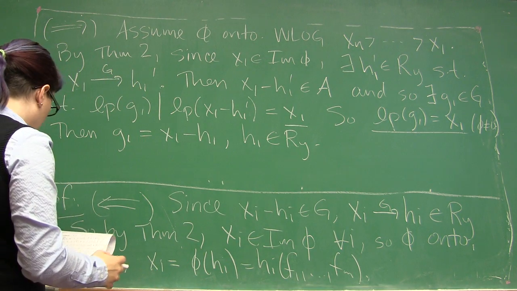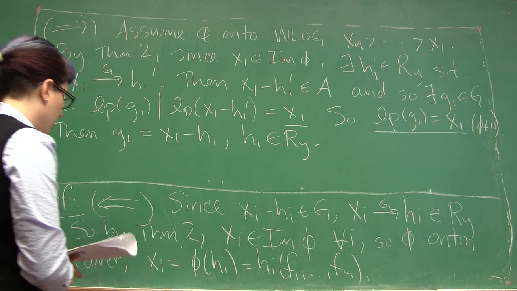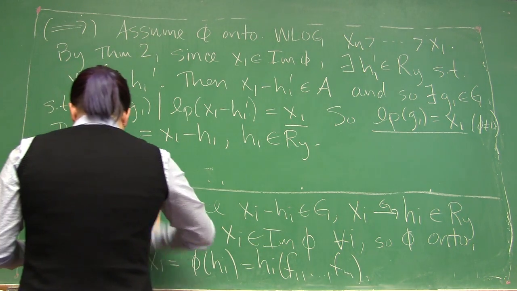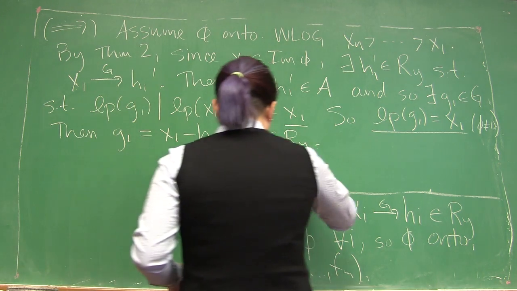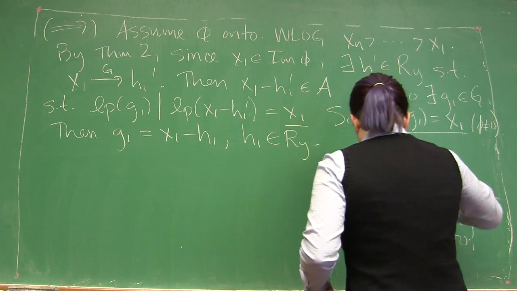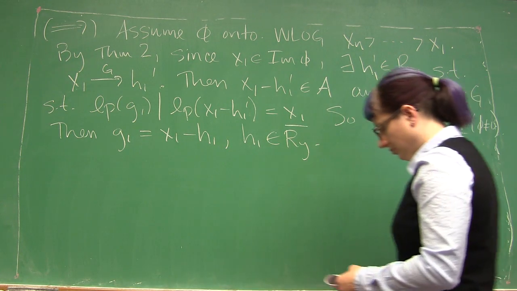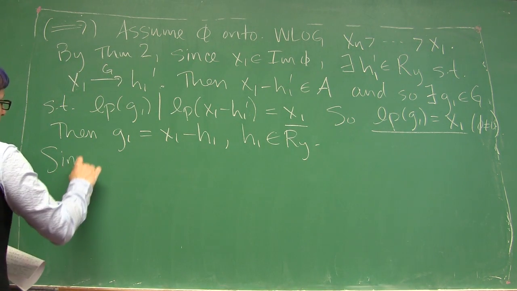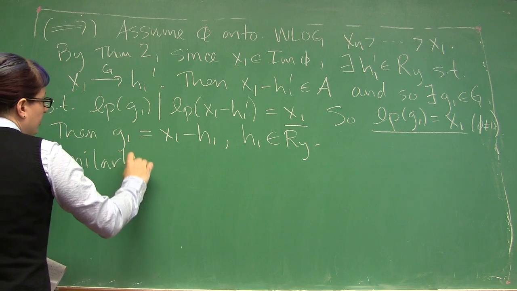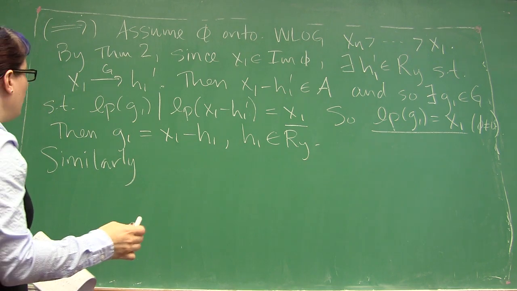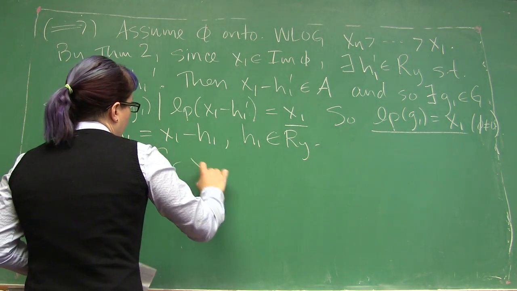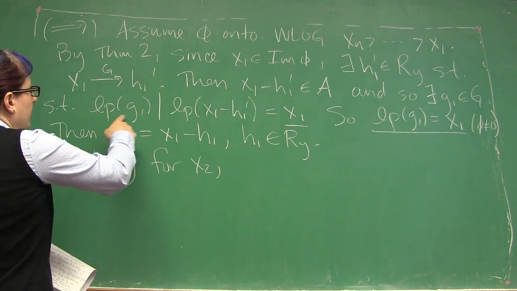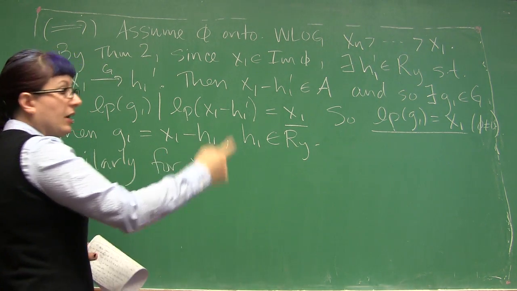Okay. So we can do something similar for g2, and for x2, our next smallest variable, but what happens here then is we have that the leading power product of g2 divides x2.